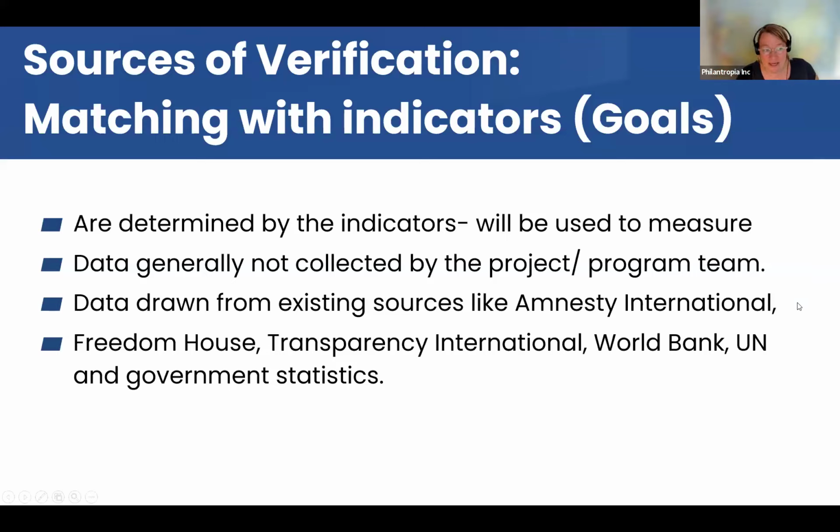So then it's still our staff or our team that would collect that information. You can also try to get data from international organizations like the World Bank, UN, government statistics, Amnesty International. But as we said, that's sometimes difficult to compare, because oftentimes you will find good data for the beginning of your project, but then that study is not necessarily repeated by the end of your project.